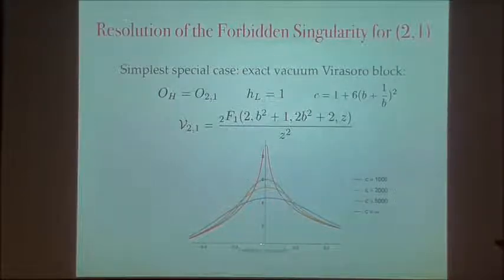This position is 2, the location of the forbidden singularity. You can see that for any finite c, you don't have the divergence here. But when you increase c, this bump becomes sharper and sharper. When c goes to infinity, it approaches the semi-classical block, and the singularity emerges.